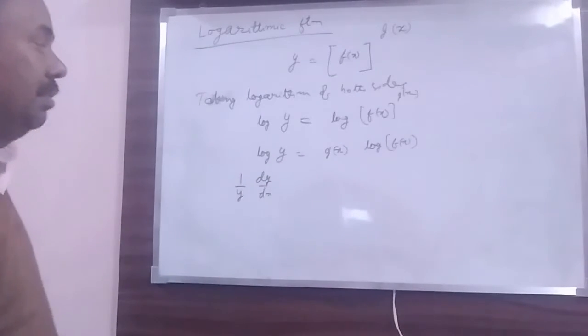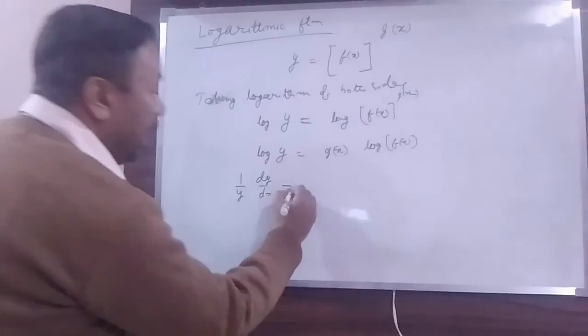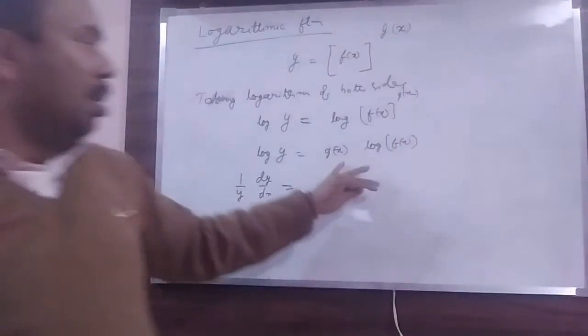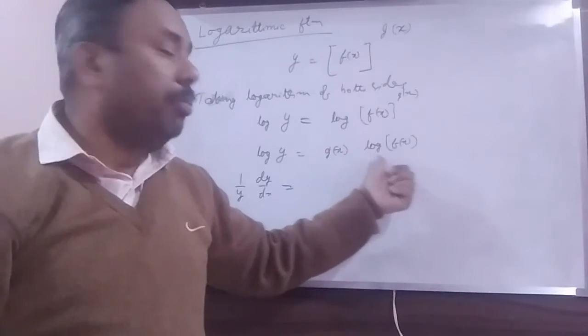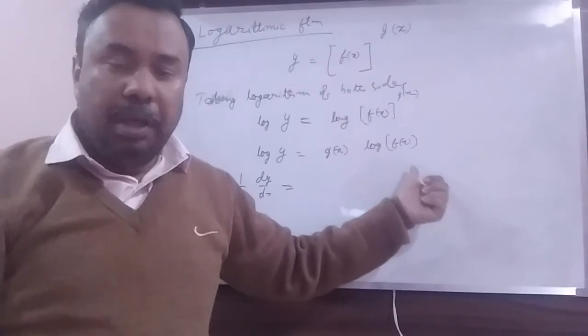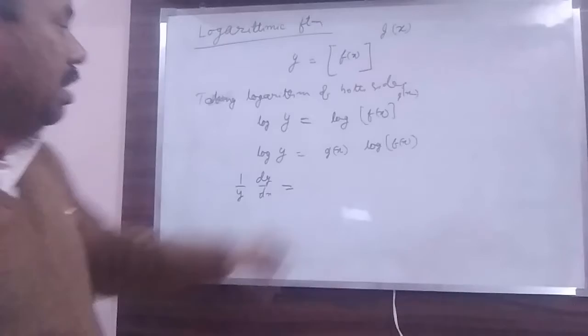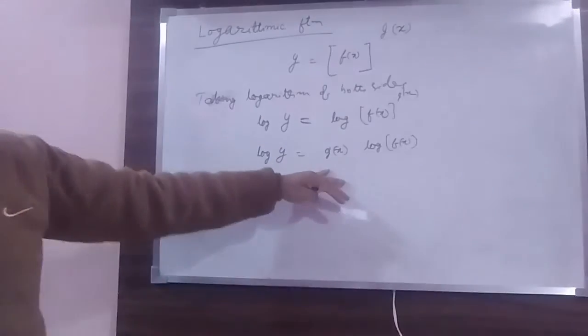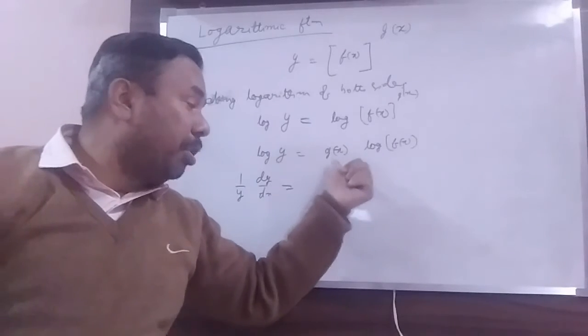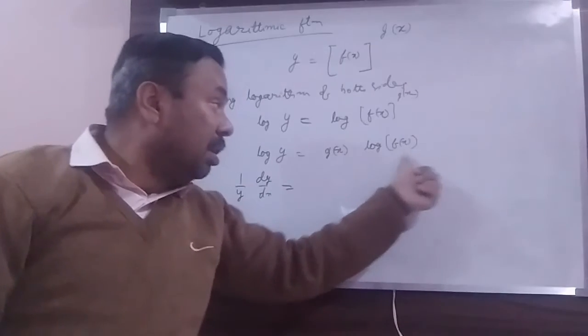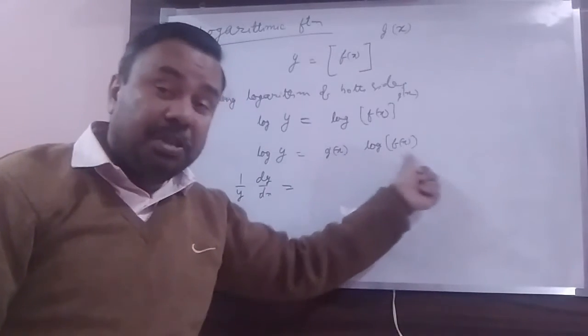And on the right hand side, I can use the product rule. This is not just only the product rule, it is actually a mixture of the product rule as well as implicit functions.